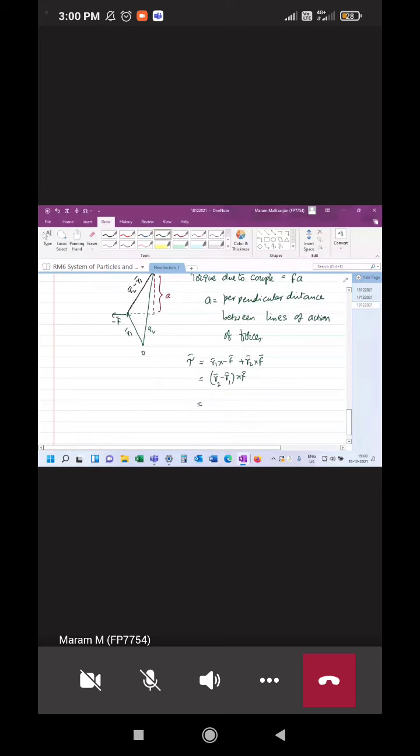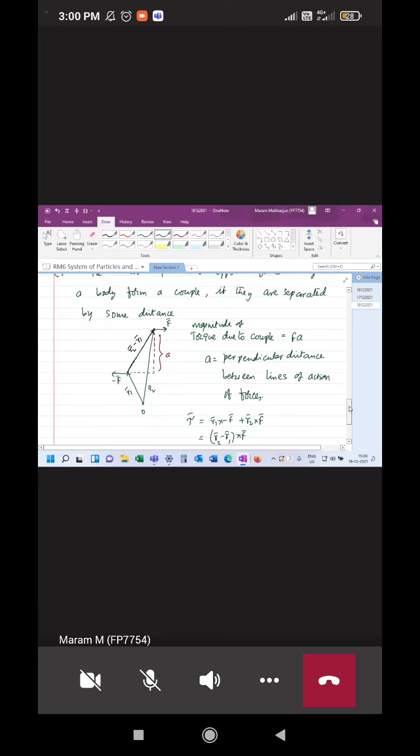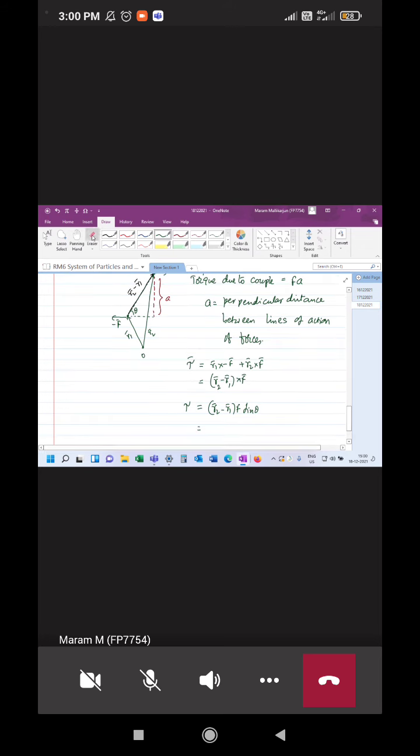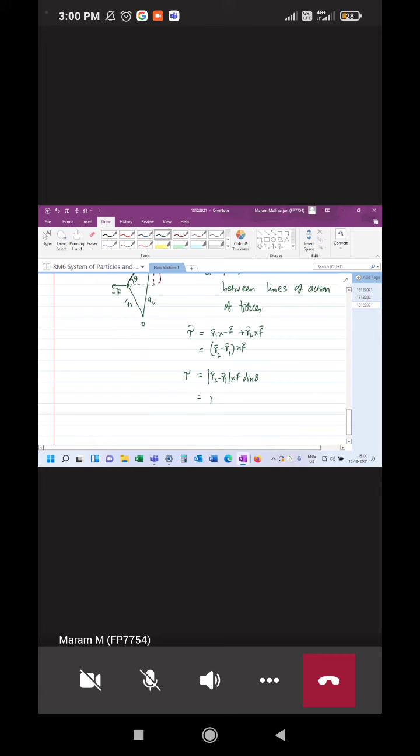So this is nothing but magnitude of R2 bar minus R1 bar into F into sine theta, where F is this force. You can extend that and say that this is theta, or this is also theta. But that is equal to F into magnitude of R2 bar minus R1 bar into sine theta.